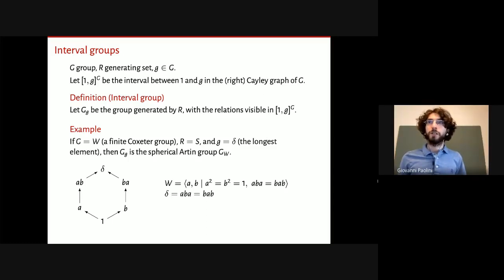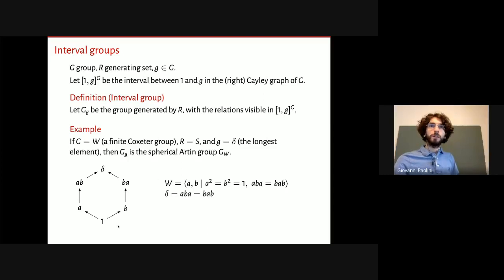So this is the crucial point where this construction fails for infinite Coxeter groups, because we don't have this special element. But okay, let's stick with finite Coxeter groups now. Then what happens if we apply this construction of interval groups?